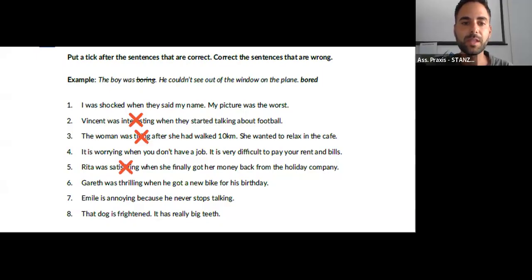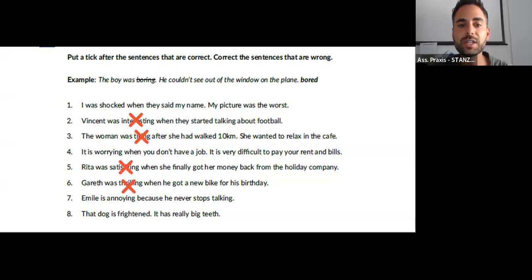Number six, Gareth was thrilled when he got a new bike for his birthday. Number seven, Emil is annoying because he never stops talking. He is annoying because he's very talkative. He talks too much. So people around him are annoyed by him.